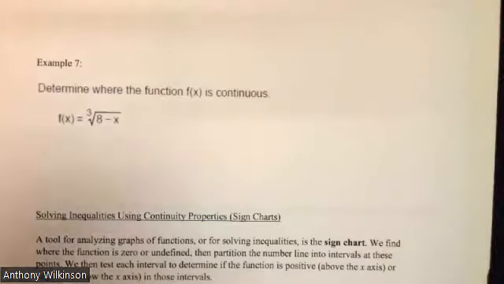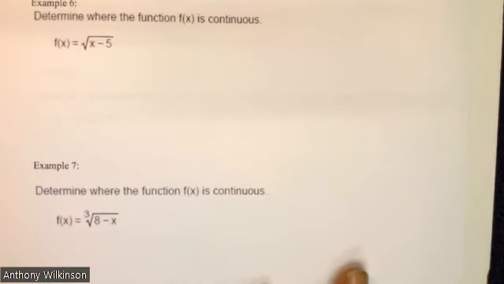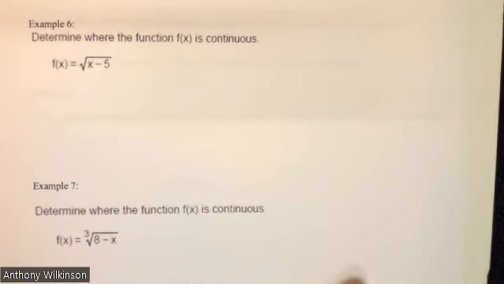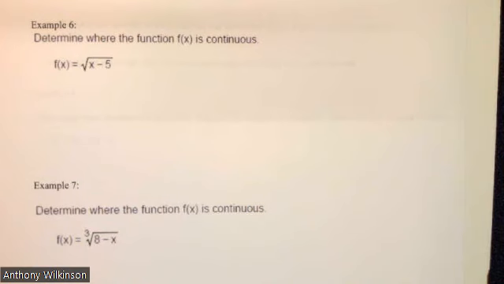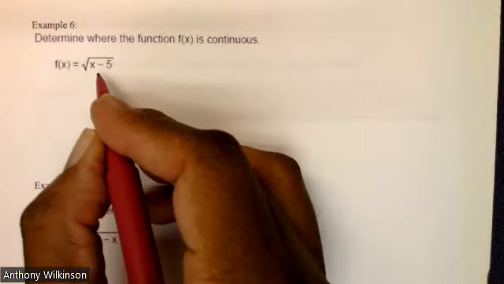All right, next we'll look at another example, a couple more of these. F of x equals the square root of x minus 5. Well, it is a square root, an even root of a function.